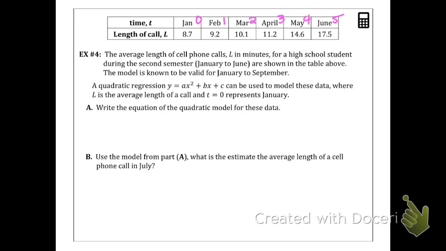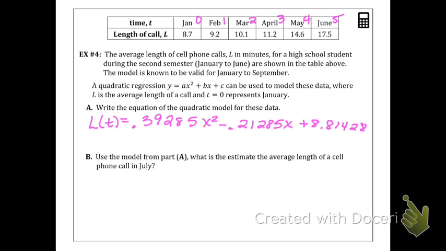I think I said L1, I meant Y1. All right, so when we do that, we get our equation. So it's going to be 0.39285x squared minus 0.21285x plus 8.81428.